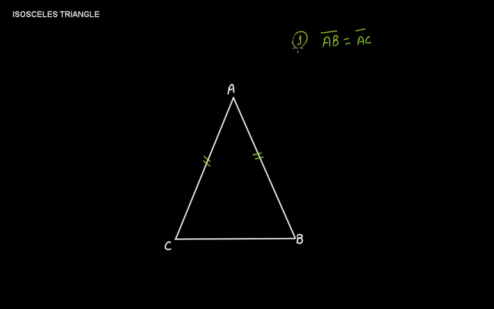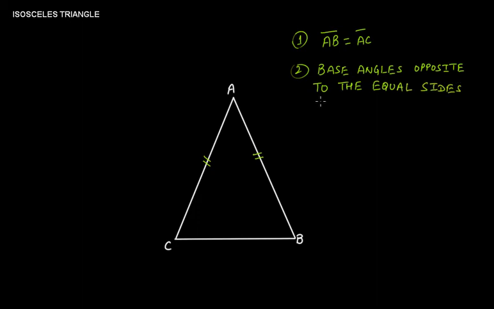The point number 2 is that the base angles opposite to the equal sides are equal.